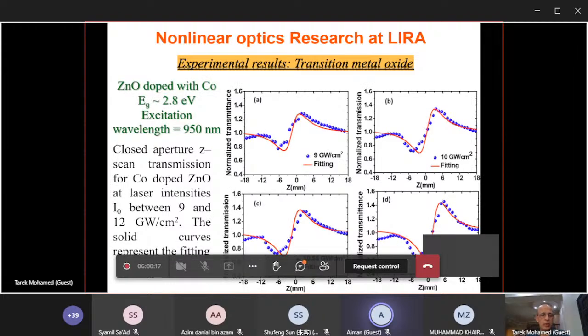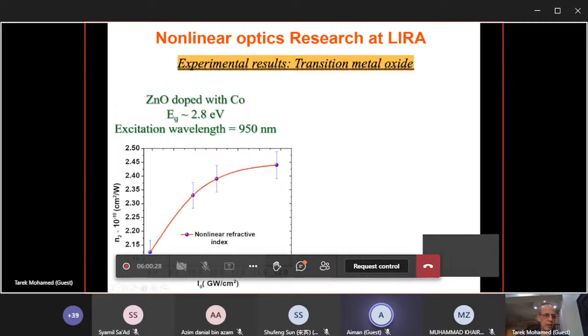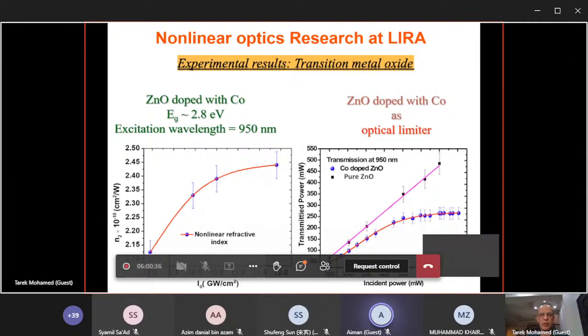We also investigated the closed aperture Z-scan to get the nonlinear refractive index of zinc oxide doped with cobalt. And we have the nonlinear refractive index as a function of excitation wavelength and excitation intensity.